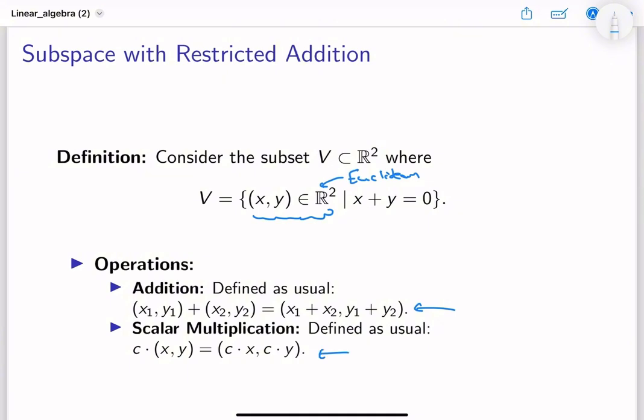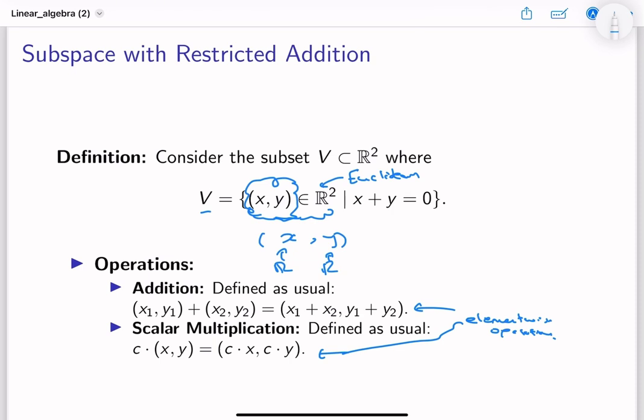These are so-called element-wise operations. So we want to take V to be the set of all tuples x, y in R2, where x and y are real numbers, okay?